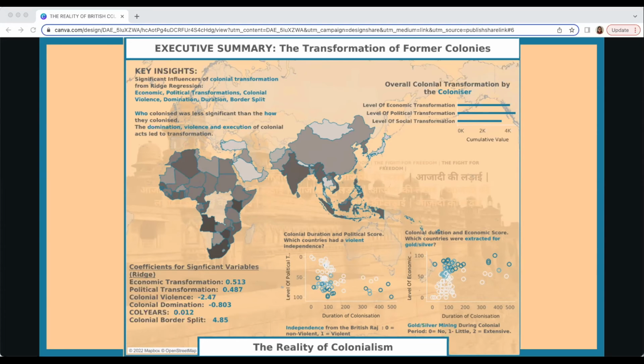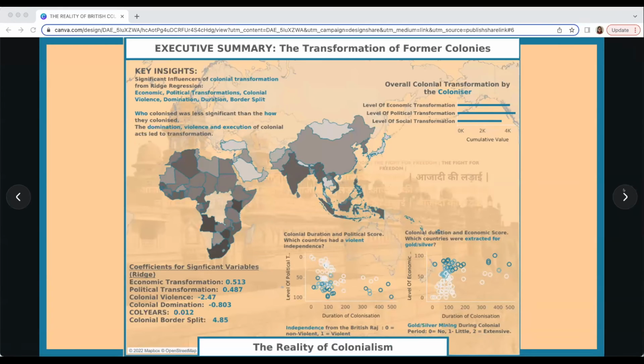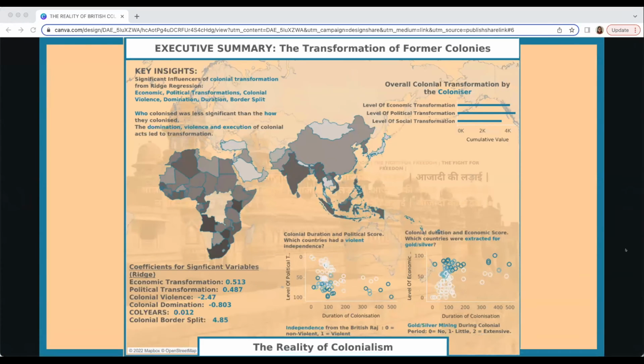Alongside that, I did a k-means validation method and a k-means clustering algorithm to see whether there were clusters. And interestingly enough, you can see, and this is more detailed in the paper, that different eras of history experienced colonialism differently, because there was an era where the Spanish were the dominant colonizers, and then there was the era of the British where they were the most prominent colonizers.